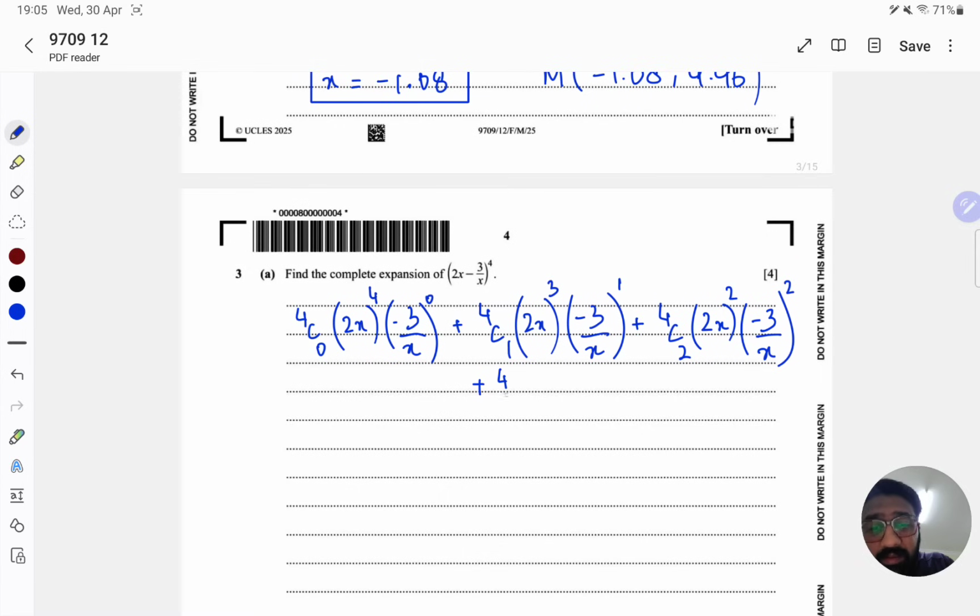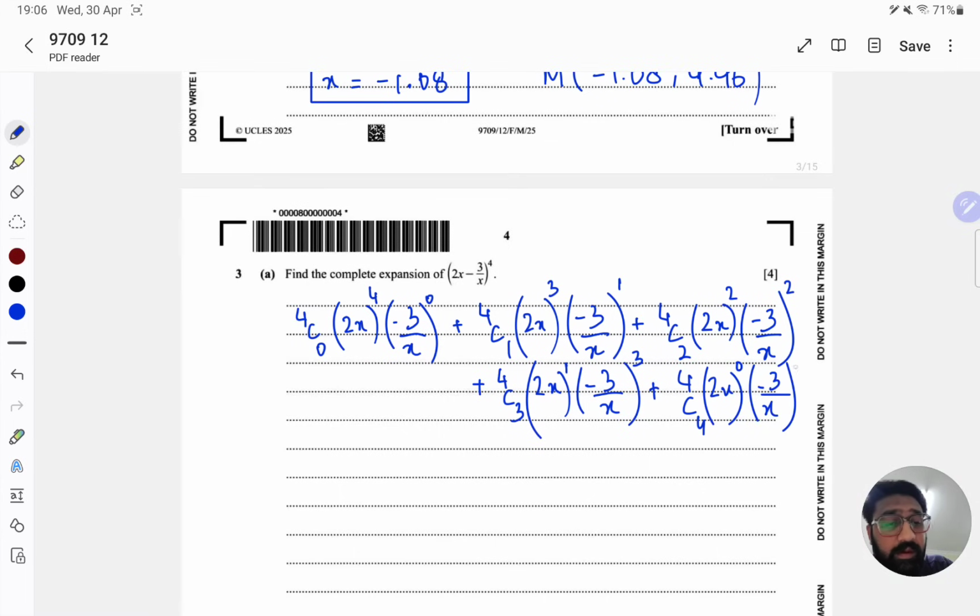Similarly, plus 4C3 bracket 2x to the power of 1 and minus 3 over x to the power of 3, plus 4C4 bracket 2x to the power of 0 and minus 3 over x to the power of 4.